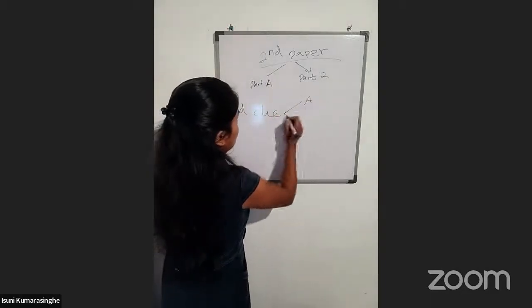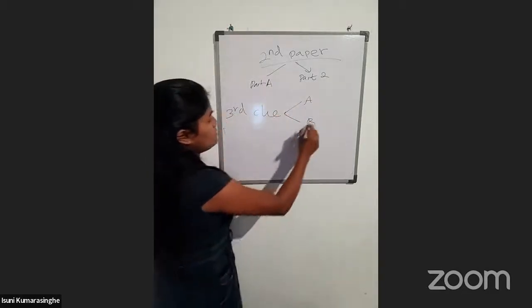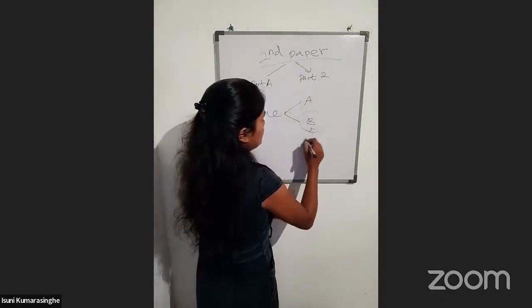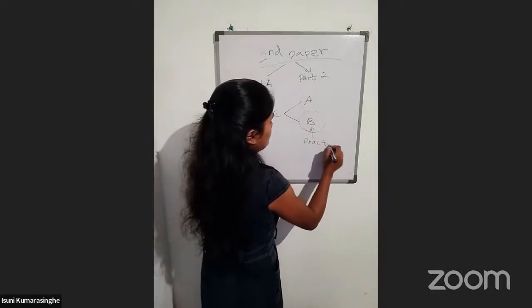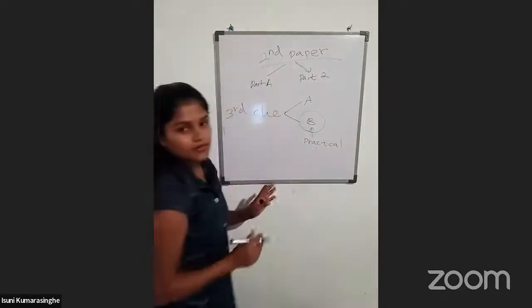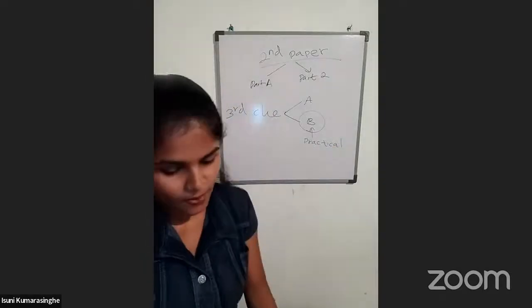Here there are 2 parts called A and B. B normally comes from the practical lessons you learn within the syllabus.